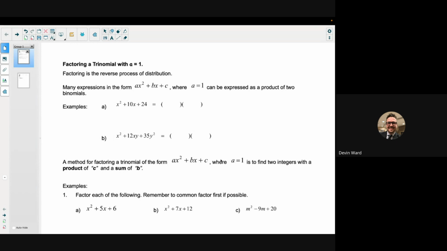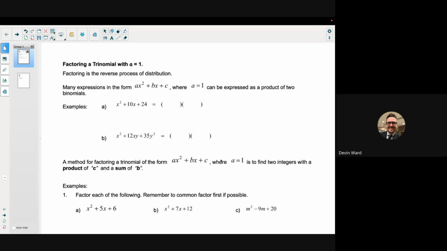And 3 times -16 is -48. So I get z plus 3 because my 3 is positive, and z minus 16 because the 16 is negative. Wonderful. I have more room for this one.